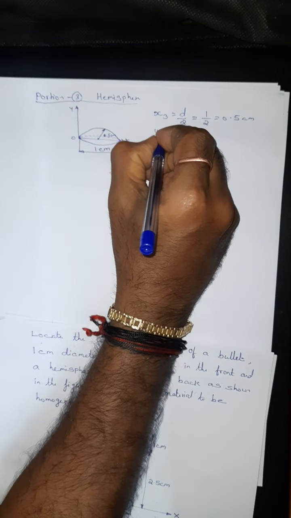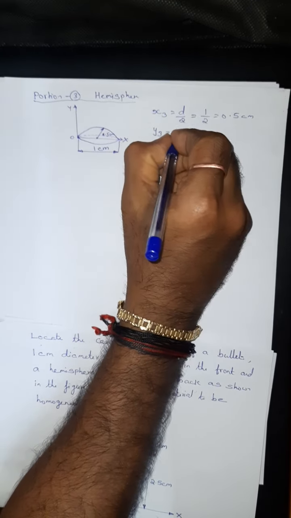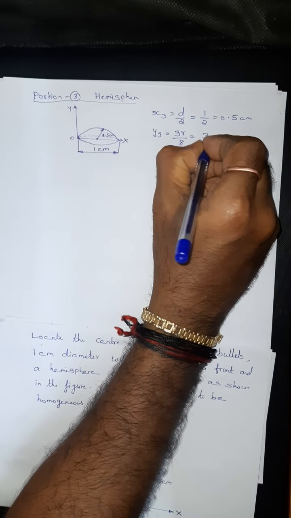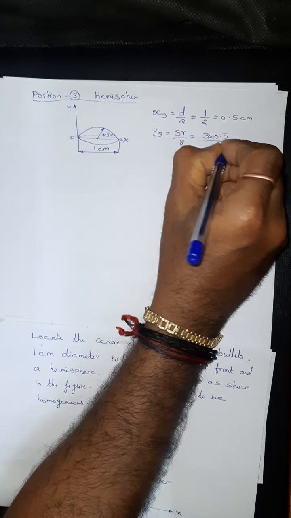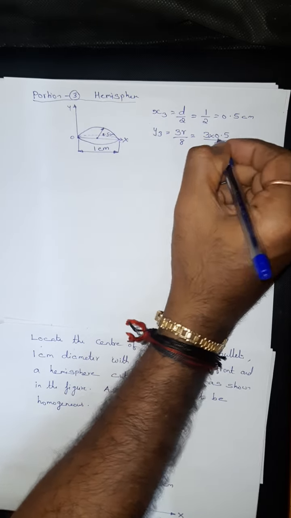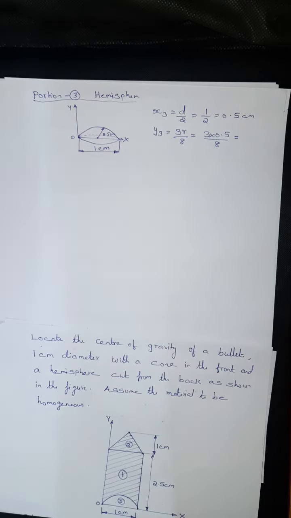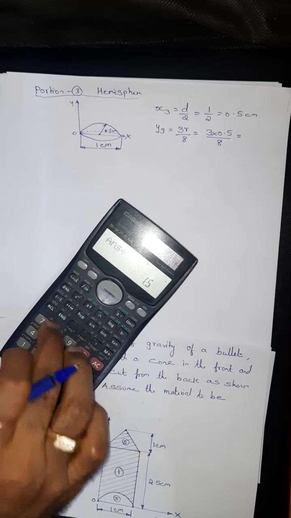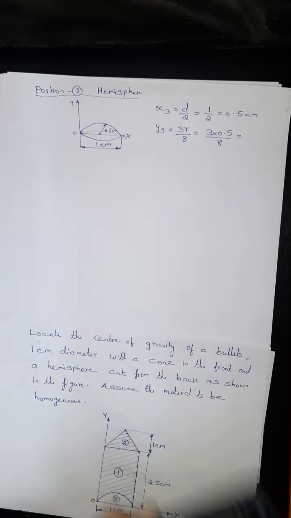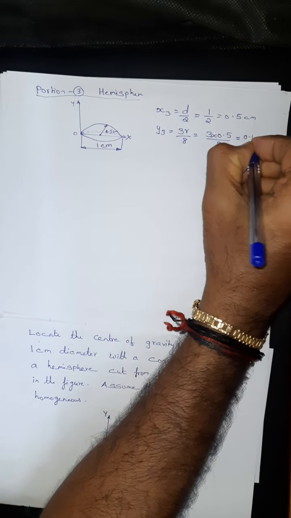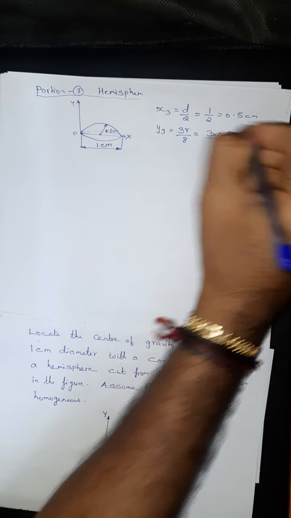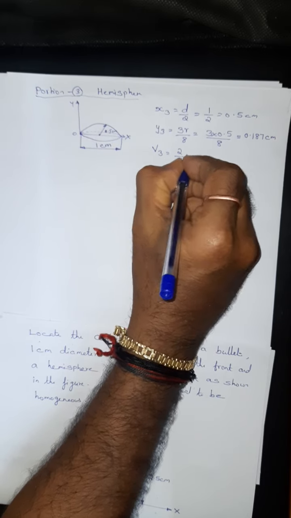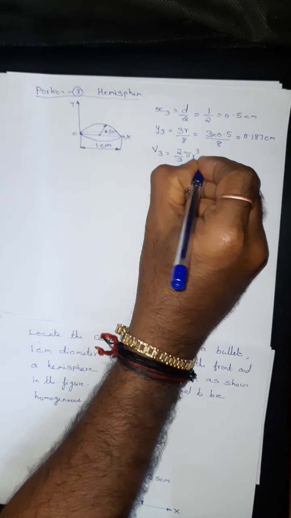And what about y3? That is 3r by 8. The formula is 3r by 8. So 3 into 0.5, that is the radius, divided by 8, which is equal to 0.187 centimeter. Then what about the volume formula, which is 2 by 3 pi r cube.